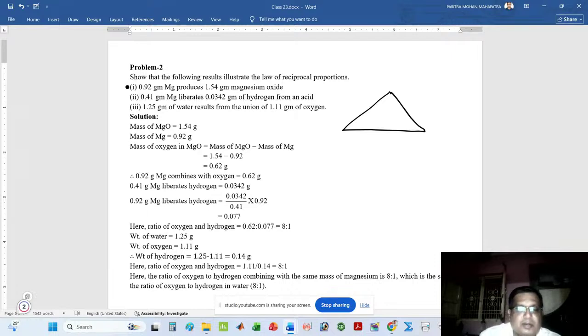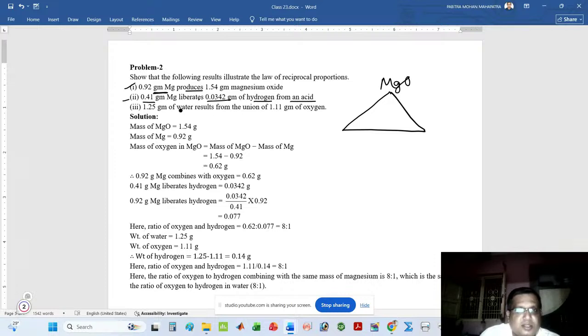In the first point, if you want to see, look at that here. 0.92 gram of magnesium produces 1.54 gram of magnesium oxide. That means here magnesium reacts with oxygen to produce magnesium oxide. If you think about the second, here 0.41 gram of magnesium liberates 0.0342 gram of hydrogen from an acid.